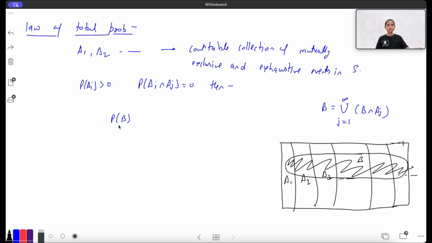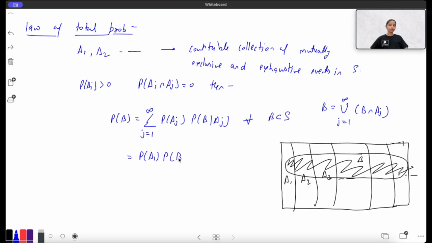So the law of total probability says that the probability of B is equal to summation of j equals 1 to infinity probability of Aj, probability of B given Aj, for all B which is a subset of sample space S. So S is the whole sample space, B is a subset of it, and if I open it, this means the probability of happening of event A1 into the probability of happening of event B, given that A1 has already occurred, that is the probability of this portion.